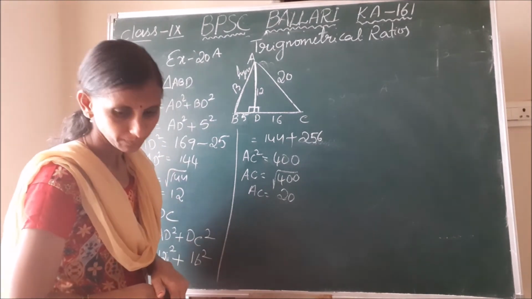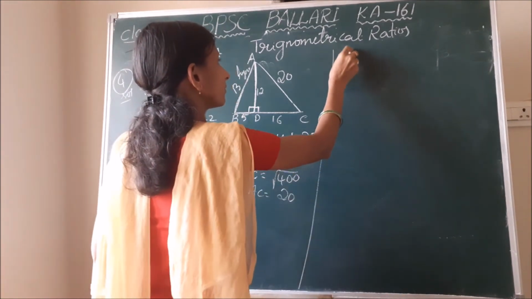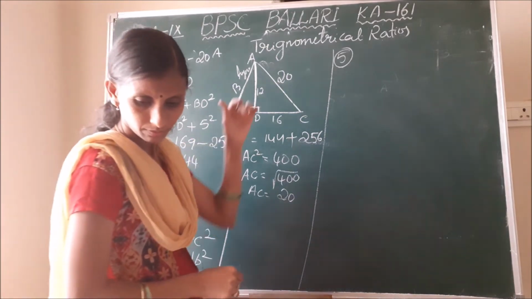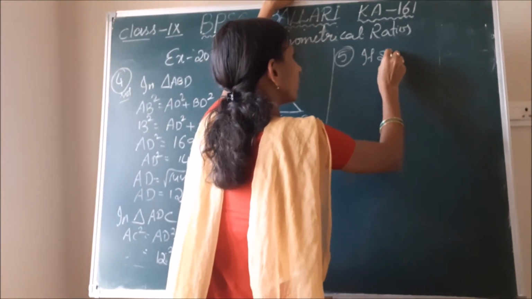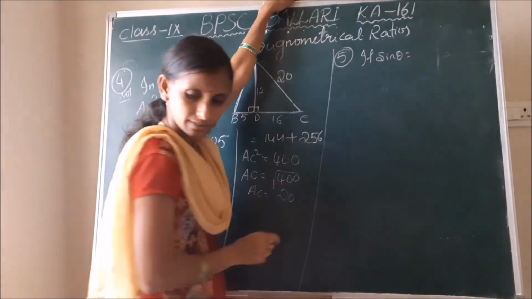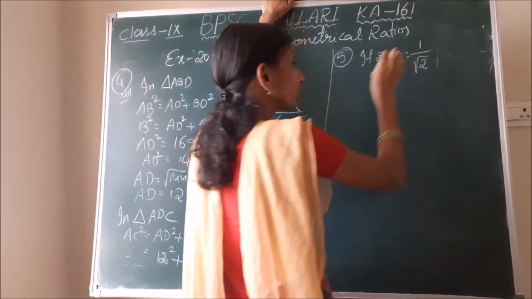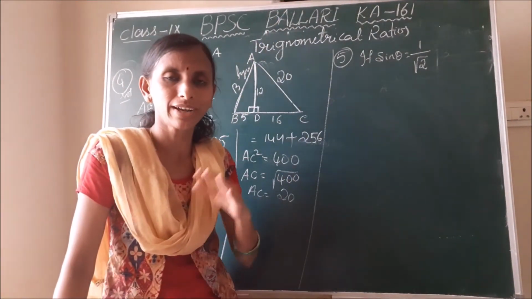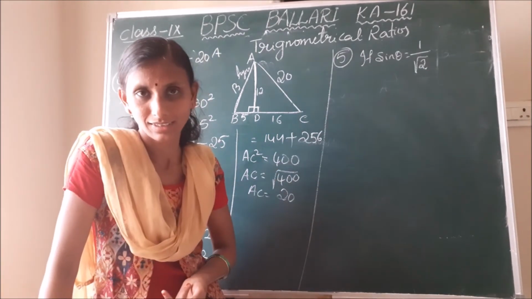Okay, so next. If sin theta is equal to 1 by root 2, find the other trigonometrical ratios for the angle theta.